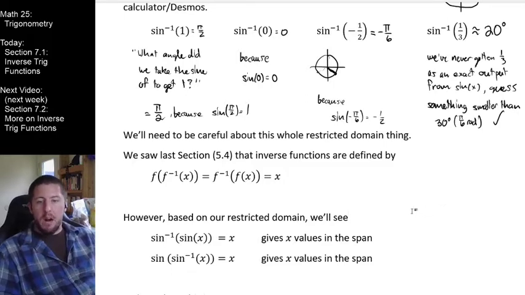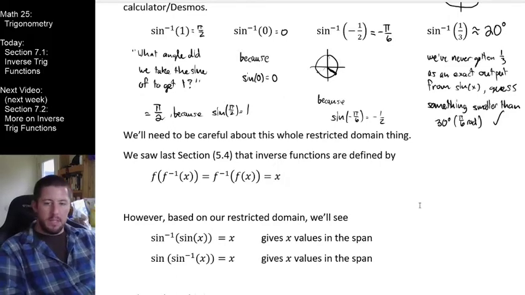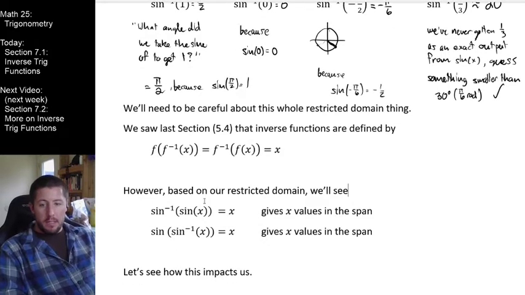But based on our restricted domain, we need to make sure that we end up getting out values that are in the sort of legal span of outputs that we can get here. So notice, in this way that we express this right here, we certainly expect to just get x out from sine inverse of sine of x, because I'm thinking to myself, the inverse sine cancels with the regular sine, leaving us just with the interior output.